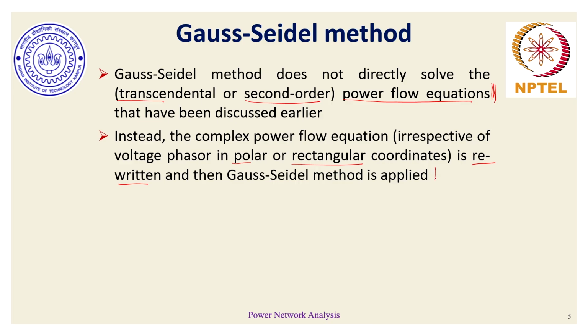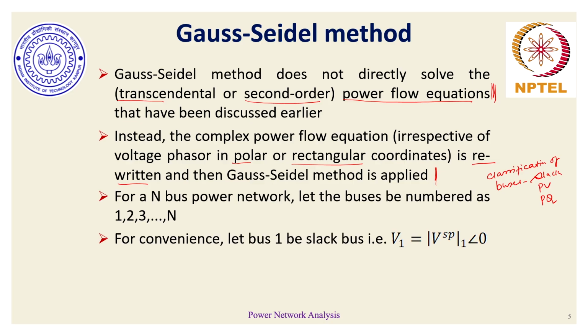Before we apply this Gauss-Seidel method, the classification of buses into slack, PV, and PQ needs to be done a priori so that we can have consistency in terms of knowns and unknowns. So if there is an n-bus network, we number those buses as 1, 2, 3 till n.